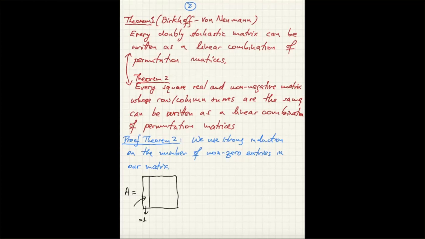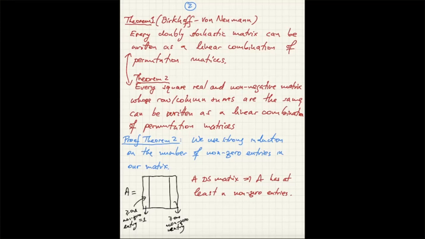So therefore, in each column, there's at least one non-zero entry. So that's true for each column. Therefore, if A is a doubly stochastic matrix, it implies that A has at least n non-zero entries.